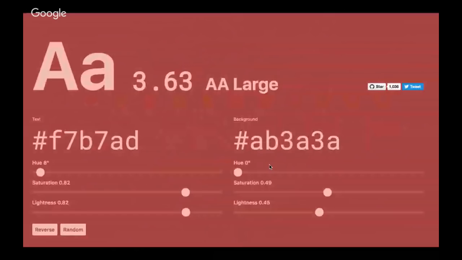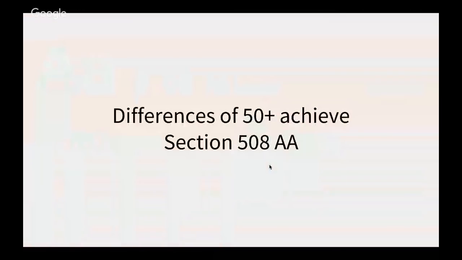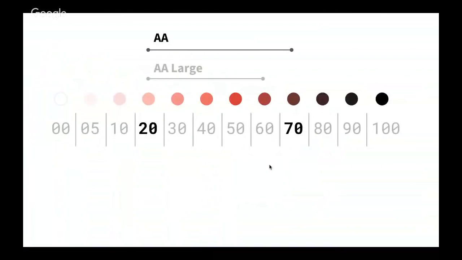And we test it, and voila, AA large. And differences of 50 in magic number achieve section 508 AA contrast. So if we're using red 20 over red 70, then that will achieve AA. And we see that it does.